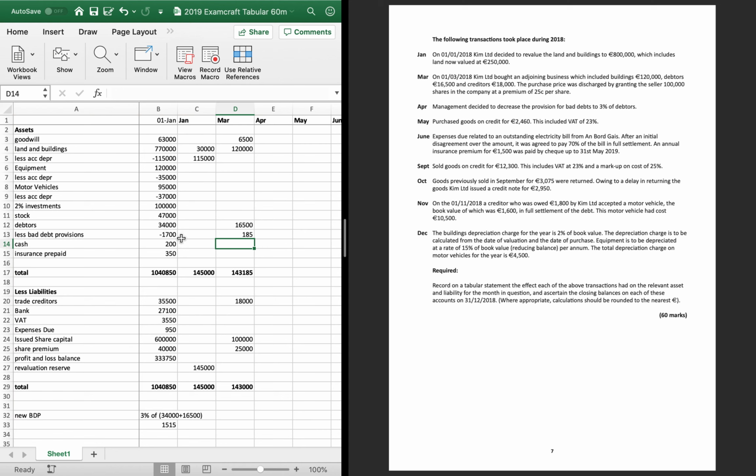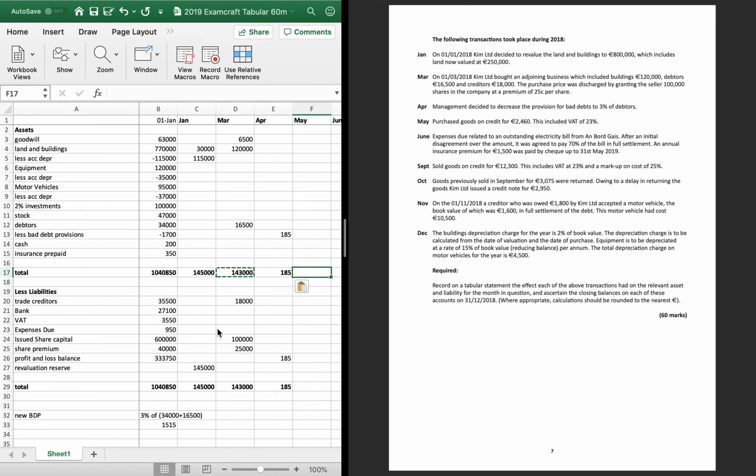So 1700 minus 1700 plus 185 is 1515. So that's our decrease in bad debt provision. So that goes there, 185. And then your profit will go up by 185 as well. So remember, decreases in bad debt provisions increase your profits. So you have 185 and 185 for your assets and liabilities.